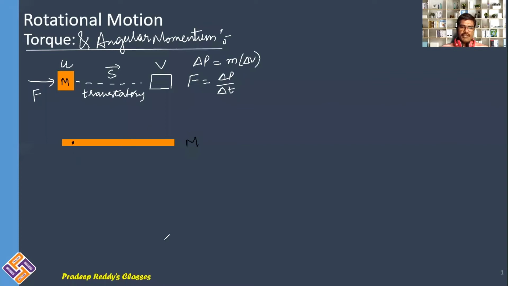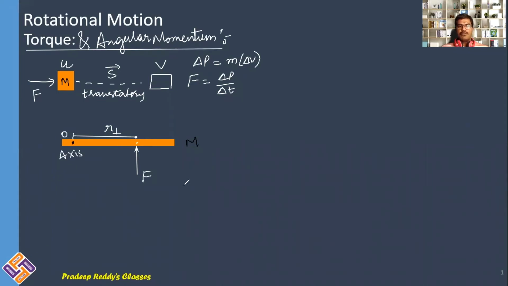Now coming to rotational motion, you can act a force at any particular distance. Let me consider this is perpendicular distance. You are acting force and this is r perpendicular. From here to here it is r perpendicular. You are acting a force which is at some perpendicular distance from the axis. This is axis.